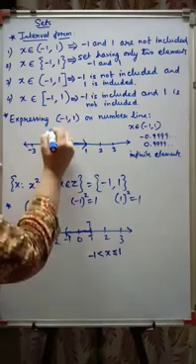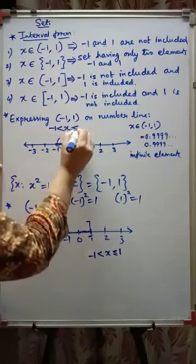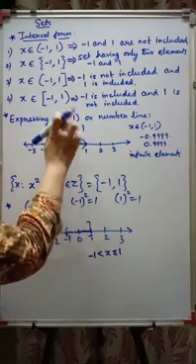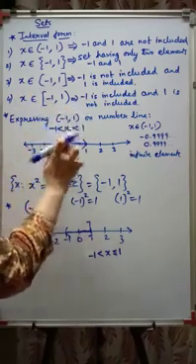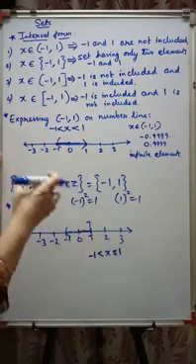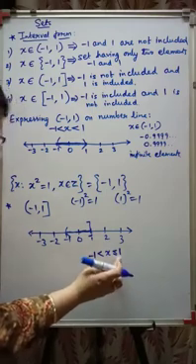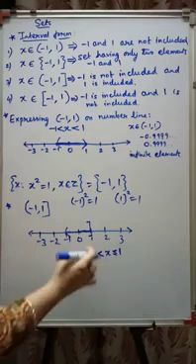This can be written as -1 less than x less than 1. There is no equal to sign here because it is an open bracket, and open bracket means not included. In between -1 and 1 you have to consider all the elements. Here you have to include 1 and exclude -1. So this is the way.